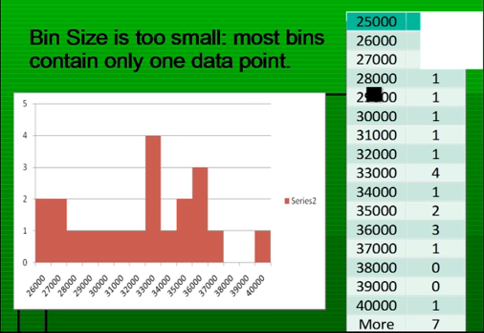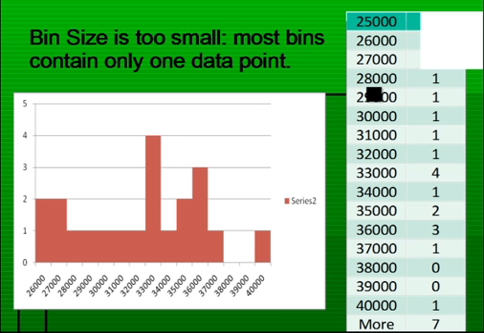The histogram provides information. However, the same bin size of 1000 is too small if we look at the richer countries. So here the rich countries are the ones which go from 25,000 up to 40,000, and they are pictured in this histogram.